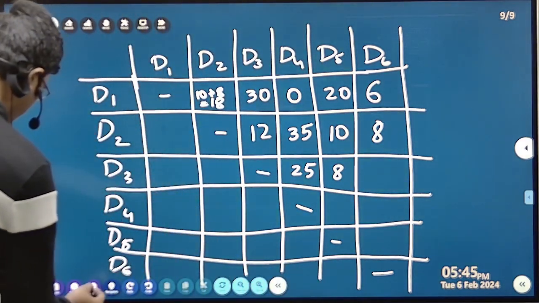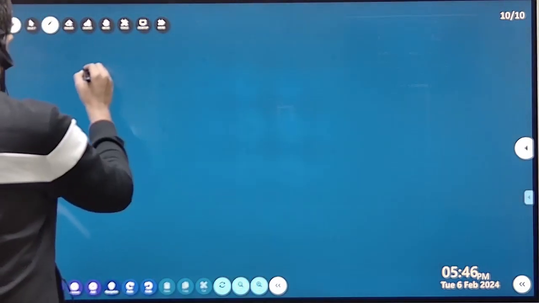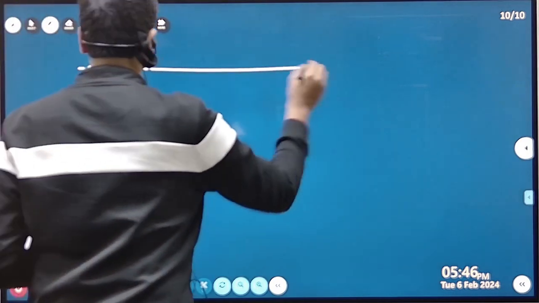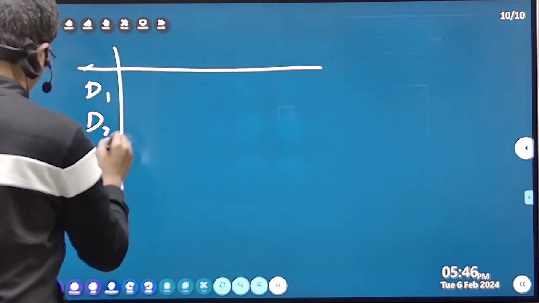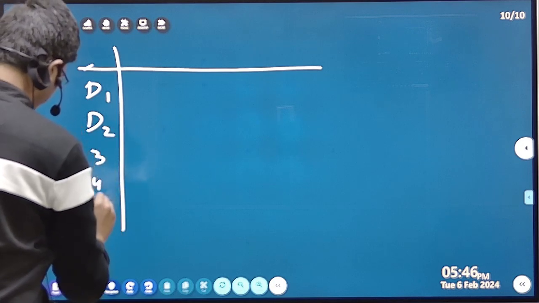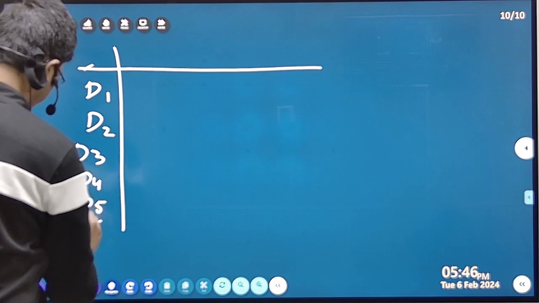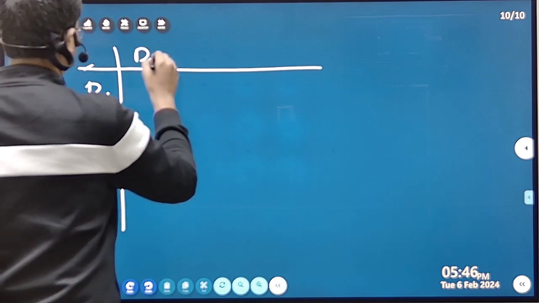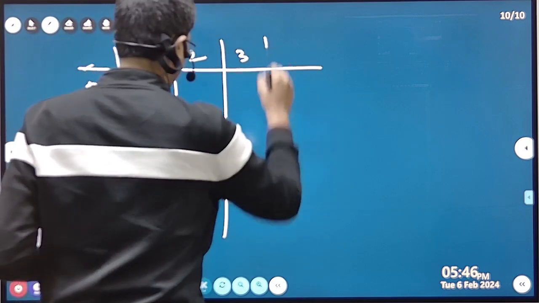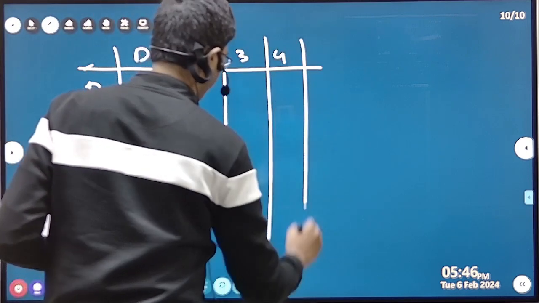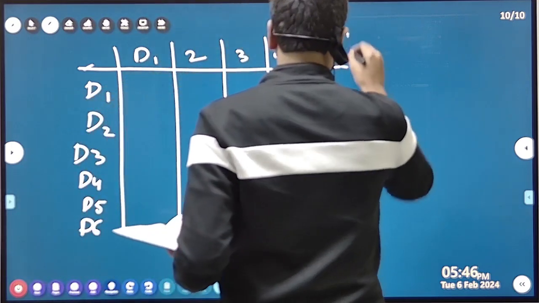So if you look at the table, let us see this table, right. 2, 3, 4, 5 and 6. 1, 2, 3, 4, 5 and 6.